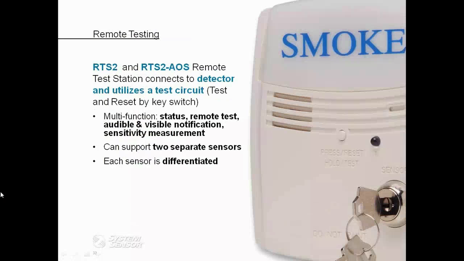The RTS2 remote test accessories are multifunctional in that they provide LED status indication in a remote location. They provide remote testing that can be conducted via that push button that you can see right there on the graphic. This test button mimics the test button that is located on the detector housing.